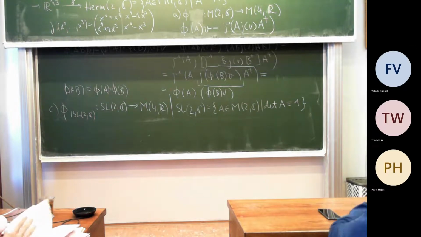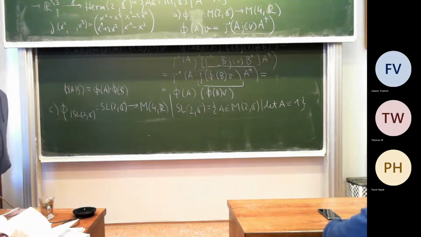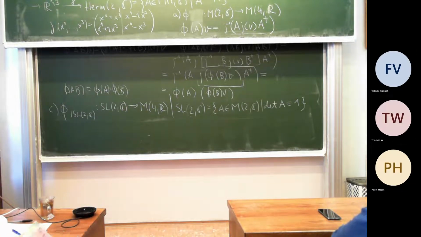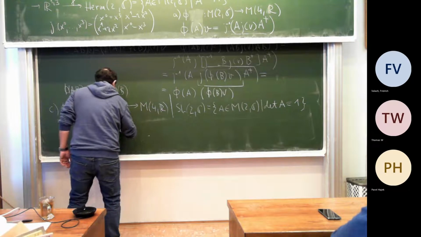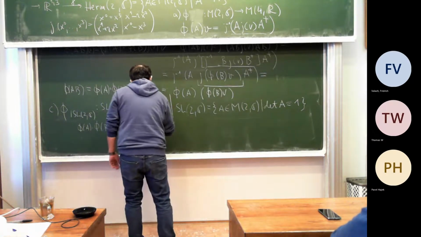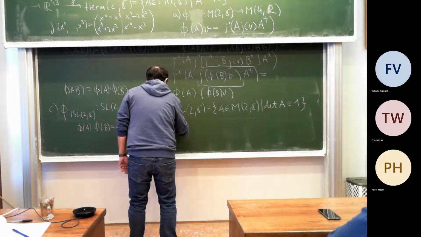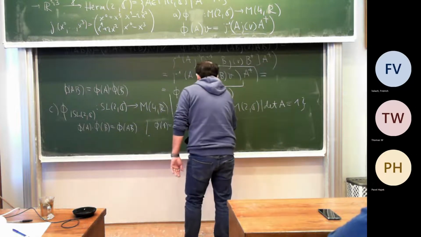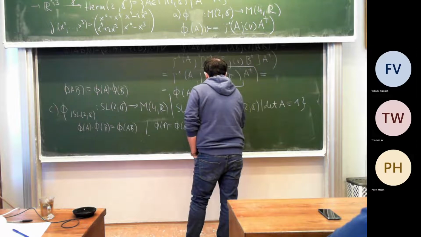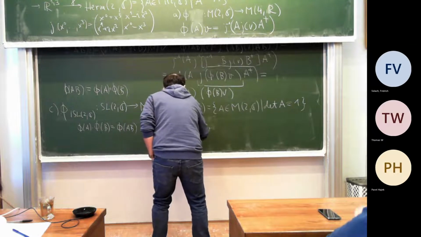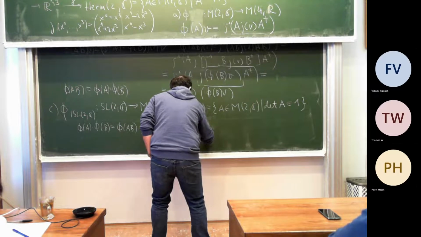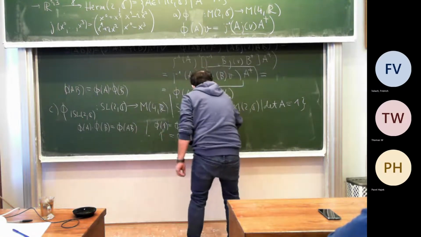And then what next? Phi of A inverse. That's just phi A inverse, because A times A inverse is 1. So we should check that phi A times phi B is also in the image, because of the previous property. And we get easily this, for example, that this can be written as that.